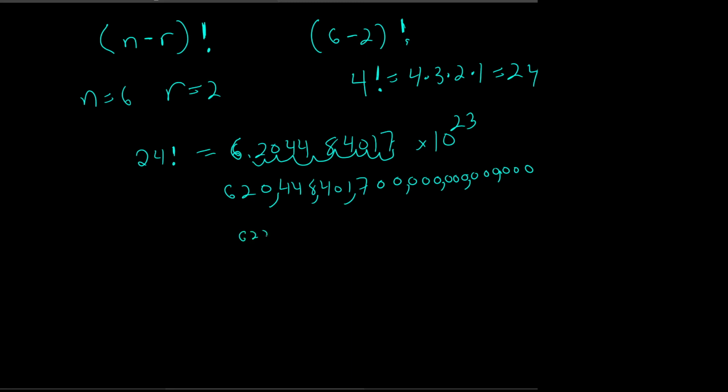This is 620 sextillion, 448 quintillion, 401 quadrillion, 700 trillion. It's a big number.